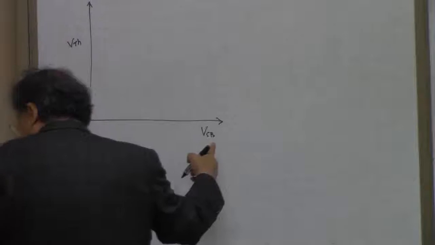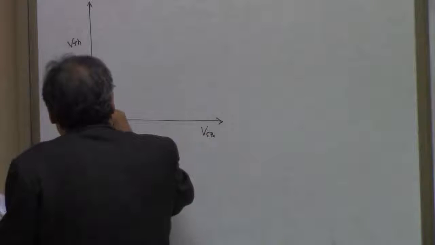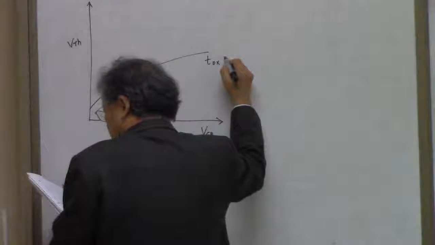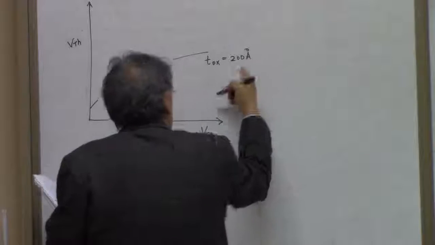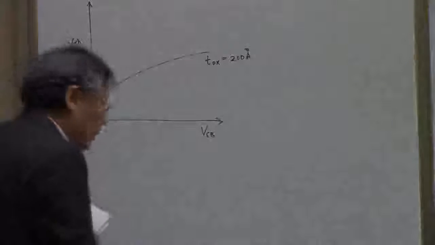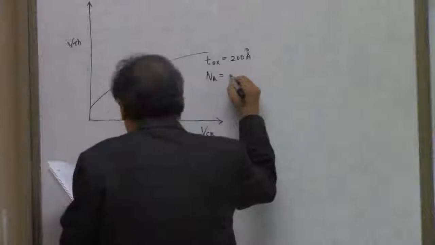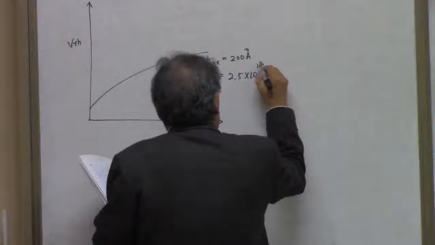right? The body bias potential that we apply. And when, say, oxide thickness is about 200 angstrom, and this is the typical value for the MOS device, and the substrate doping level is 2.5 times 10 to the 16.